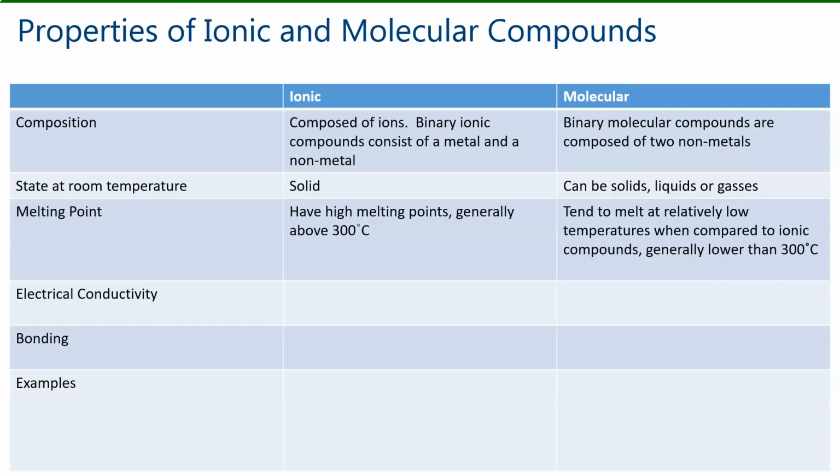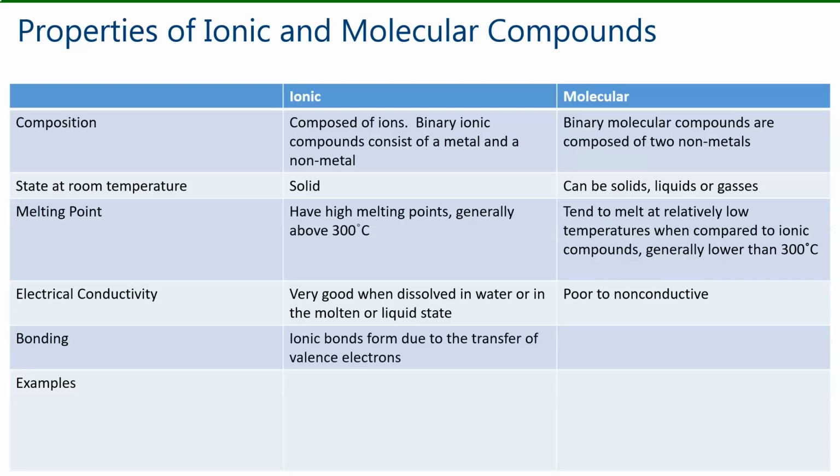For electrical conductivity, ionic compounds have very good electrical conductivity when dissolved in water or in the molten or liquid state. Molecular compounds are poor electrical conductors or are non-conductive. For bonding, ionic bonds form due to the transfer of valence electrons, while with molecular compounds, covalent bonds form due to the sharing of valence electrons.